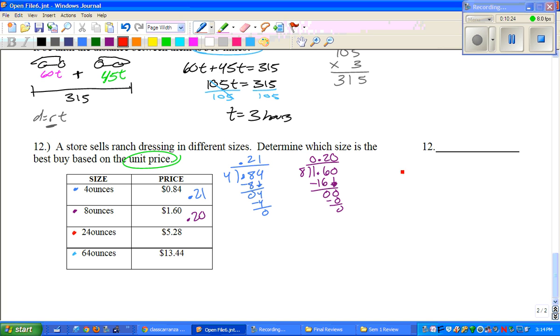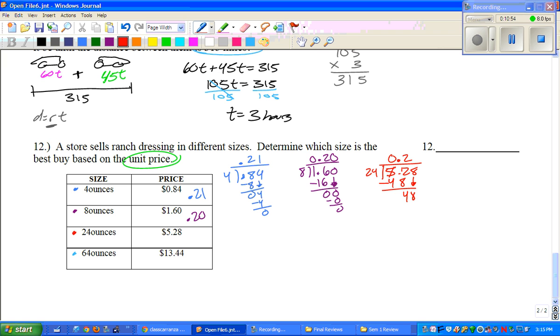Now, the next one, we have 528 divided by 24. So bring the decimal up. 24 goes into 5 0 times. Now you can use your multiplication chart for this to help you out, but 24 goes into 52 2 times, which is 48.